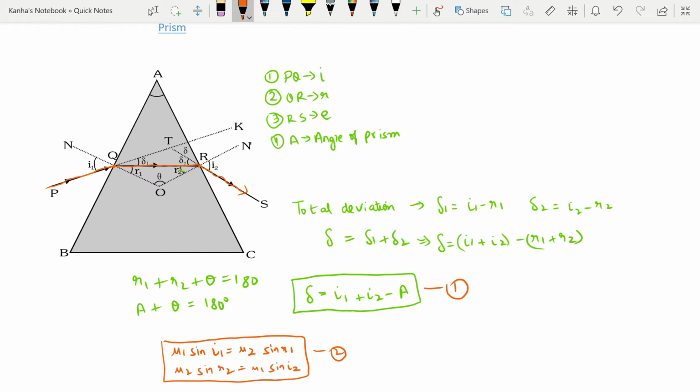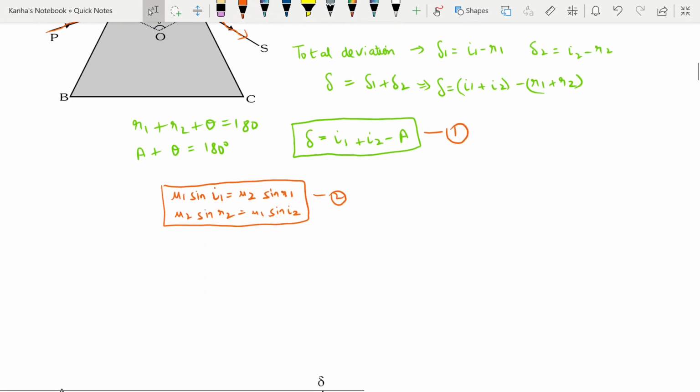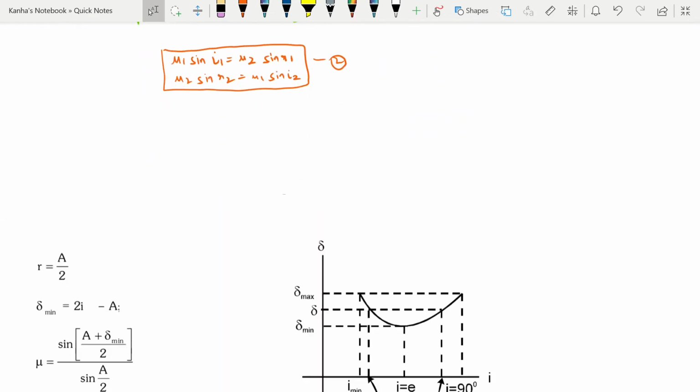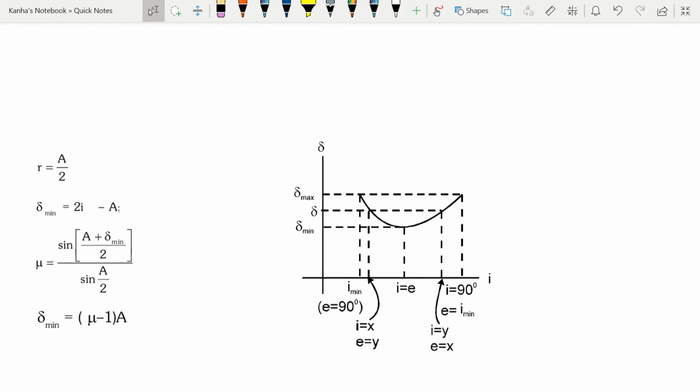And let's talk about the condition of minimum deviation. I'll just zoom this out a little. For minimum deviation, you have I1 equal to I2 equal to I. This is the first condition for minimum deviation.